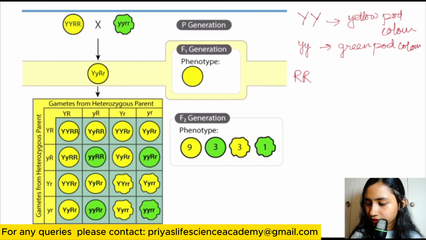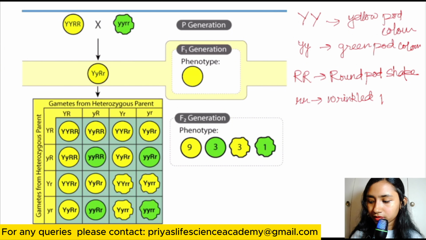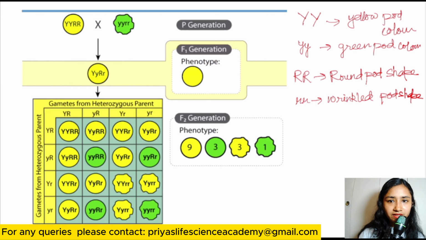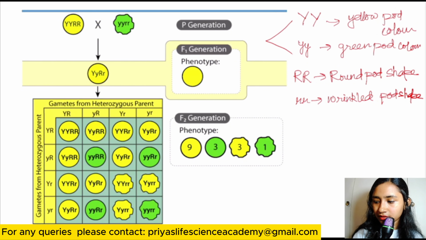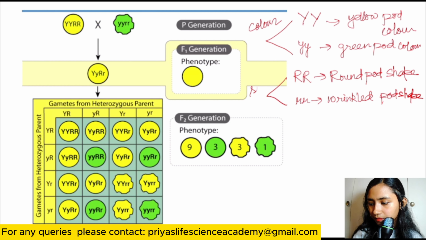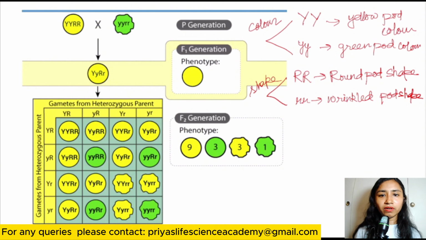Capital R is for round pod shape, and small r is for wrinkled pod shape. So two characteristic features are considered here: color of the pod and the shape of the pod.